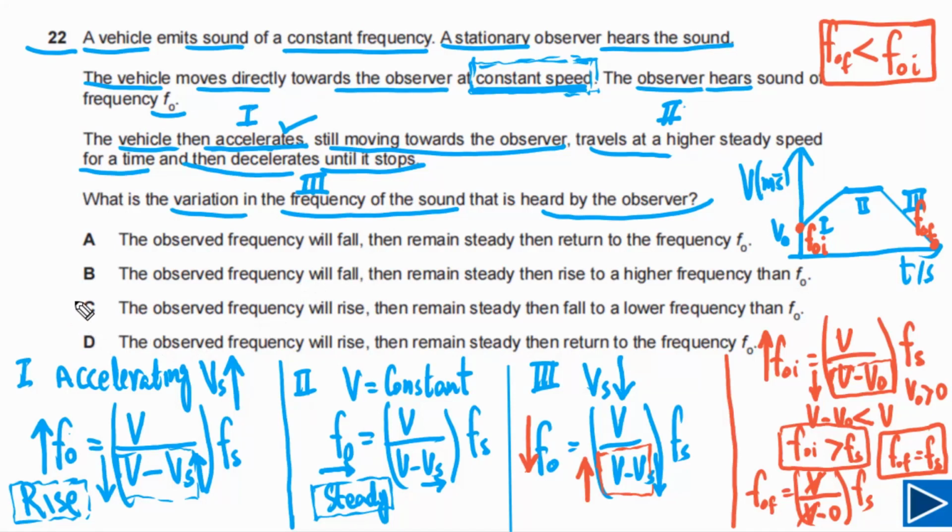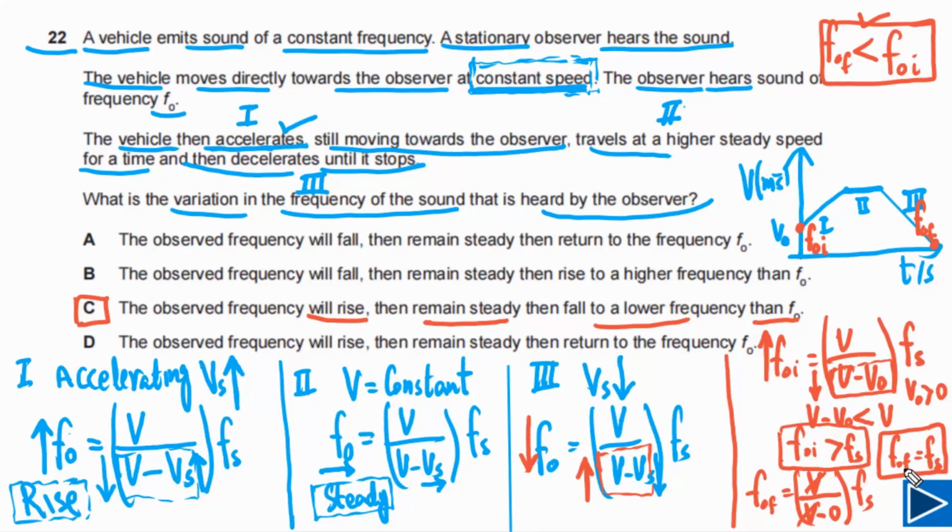Now, if you look at option C, it is given to us that the observed frequency will rise, then remain steady, then fall to a lower frequency than f naught, meaning lower than f naught i. So this is true. We have a rise, then the frequency stays the same, then the frequency decreases to the frequency of the source.